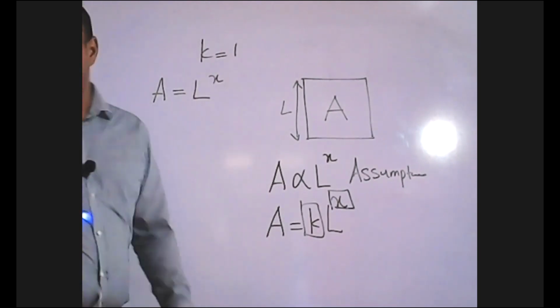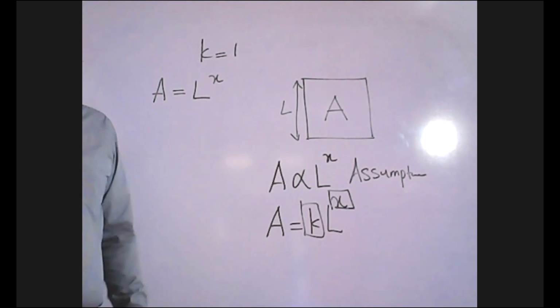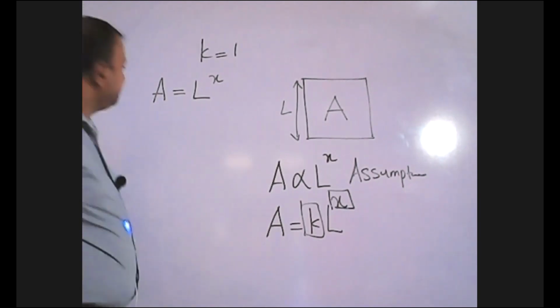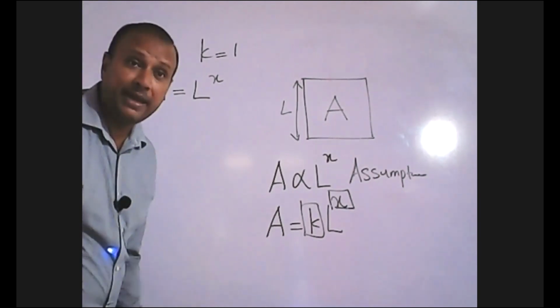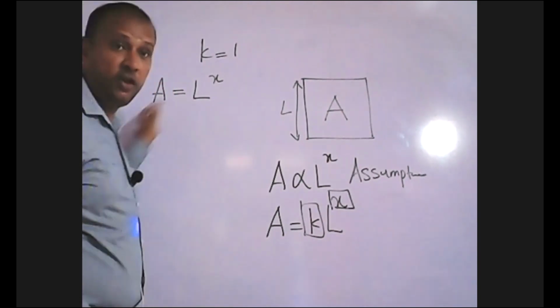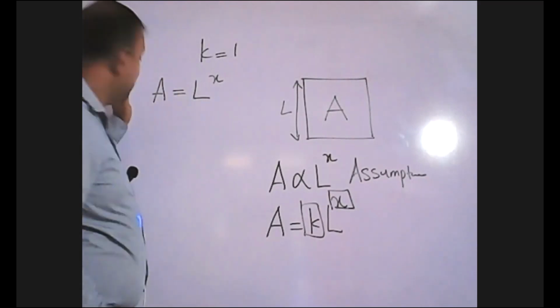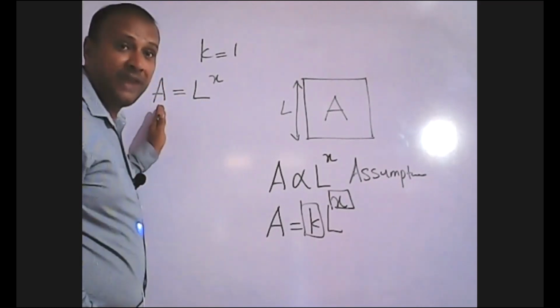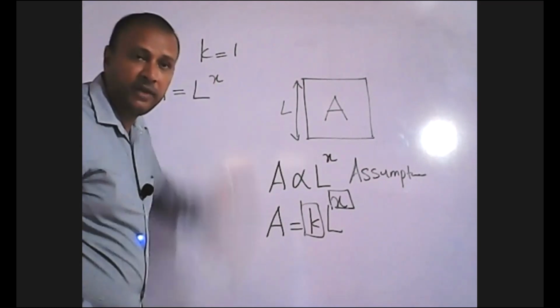L to the power X. Now this is an equation. So if it is an equation, the dimension of the left-hand side should be equal to the dimension of the right-hand side.